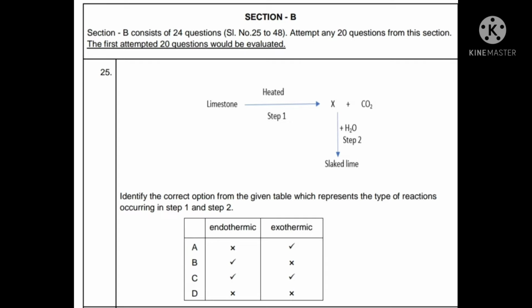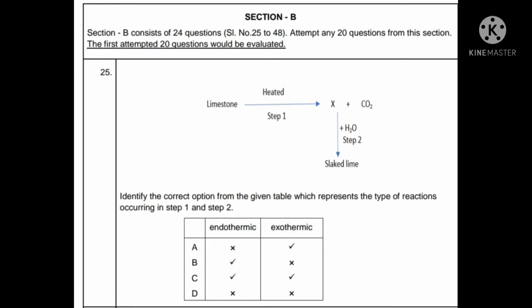Okay, the first one, question number 25. Limestone on heating gives a product X and carbon dioxide, and this product X on reaction with water gives liquid lime. Identify the correct option from the given table which represents the type of reactions occurring in step 1 and step 2.